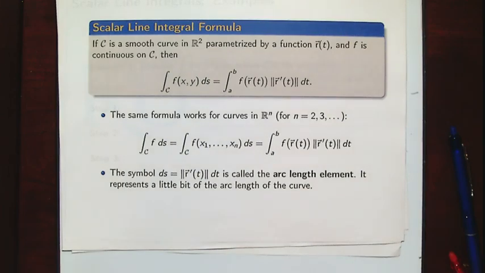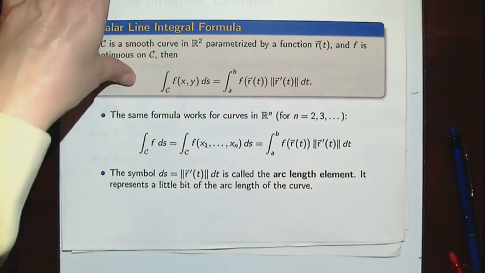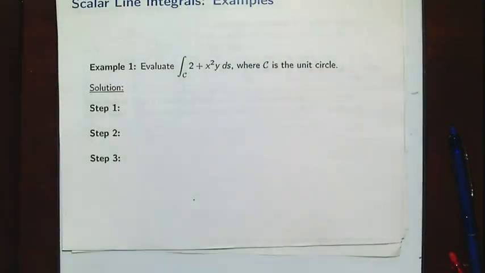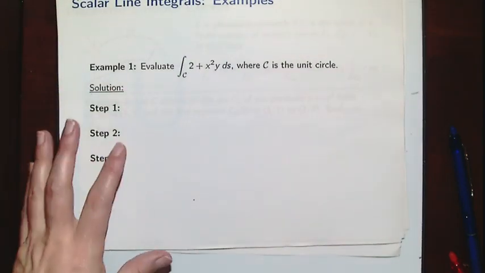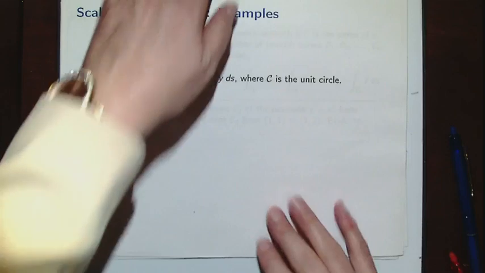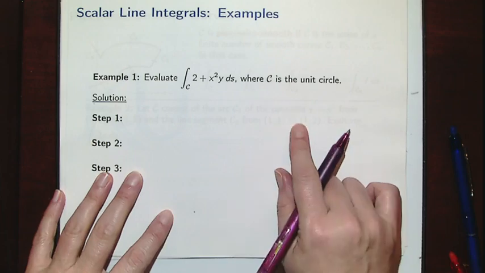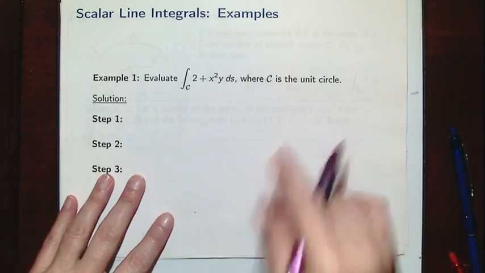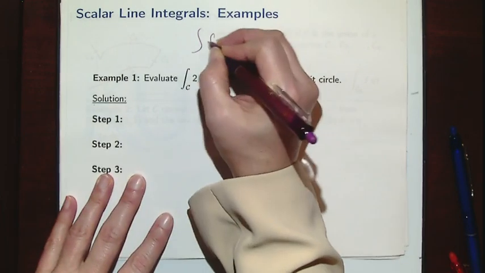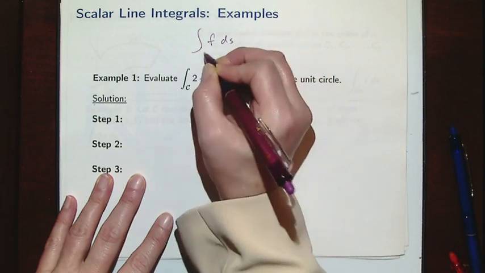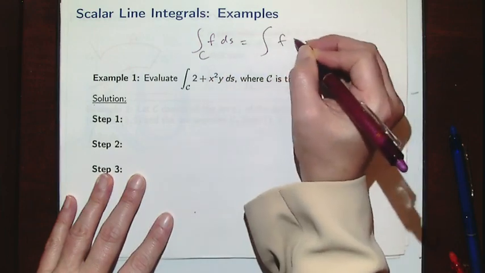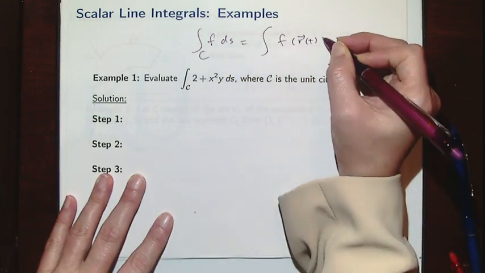And example time. Okay, so what is the formula, my friends? I'm going to extend this to 3D also. What is the formula? The integral of f ds is equal to f of r of t times what?